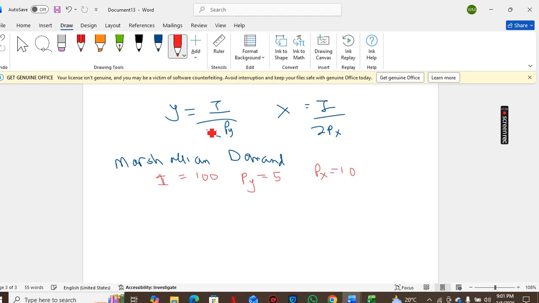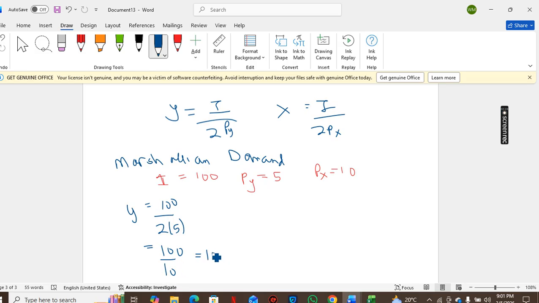So initially with our Marshallian demand functions, Y equals 100 over 2 times PY, PY is 5 there. So 100 divided by 10, that gives you 10 units.